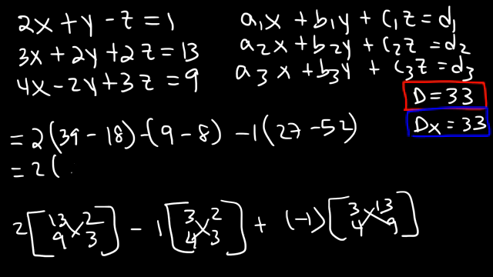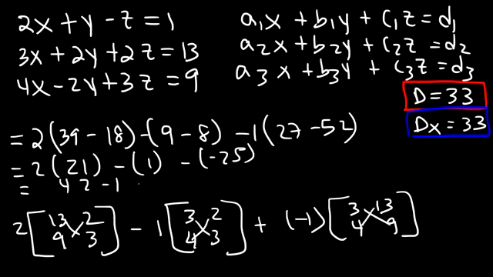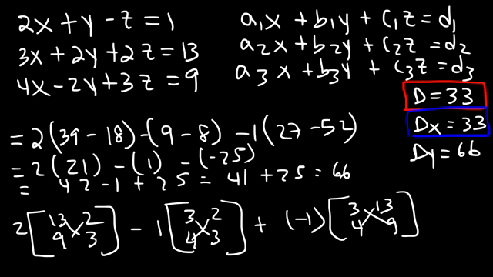Now, 39 minus 18 is 21, 9 minus 8 is 1, 27 minus 52, that's negative 25. 2 times 21 is 42, and 42 minus 1 is 41. 41 plus 25 is 66. So dy is 66.